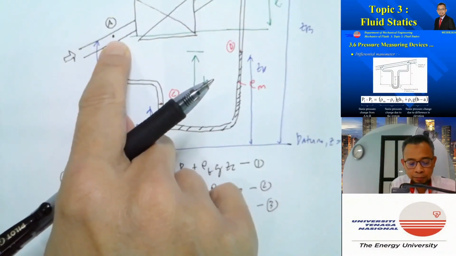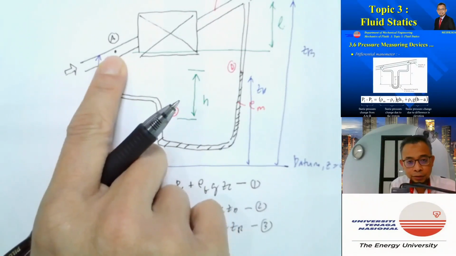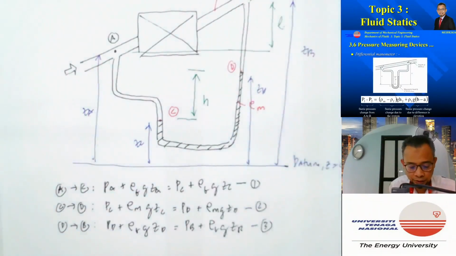So now, I can write the equation for PA by combining all this. Well, I could have started from writing the equation for PA by starting from here, right?